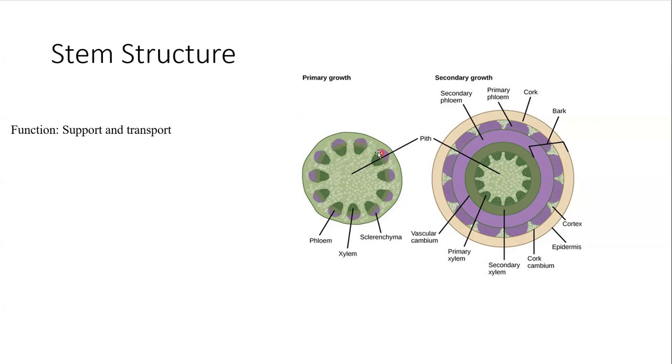These are all organized in essentially concentric rings, and they're well organized, whereas monocots have a little bit more random layers through them.